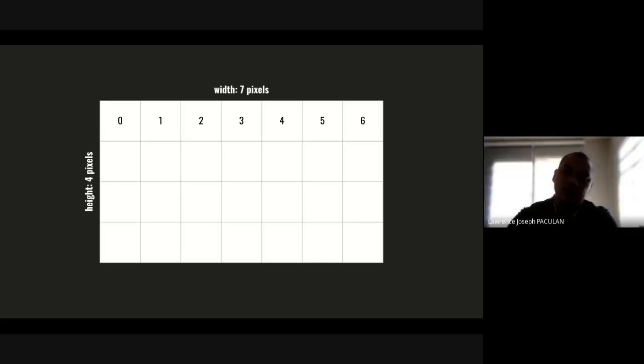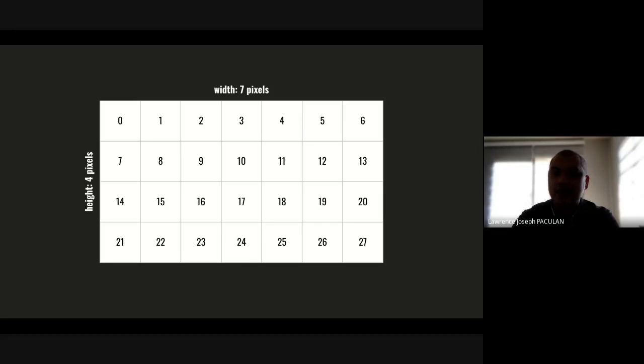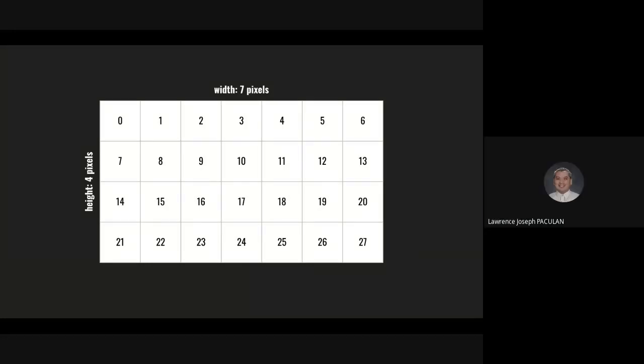If we have a 4 pixel height, we can assign location indices for each pixel. As you can see, there is a total of 28 pixels, because 7 times 4 is 28.